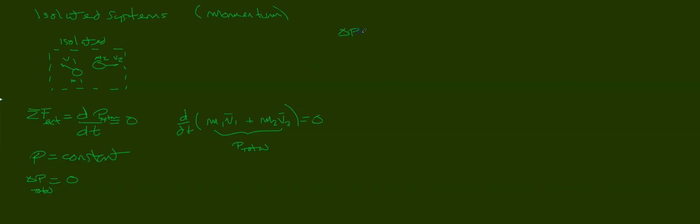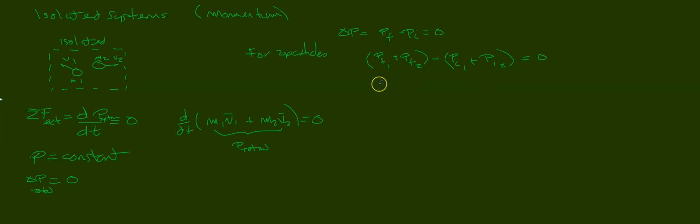So if the momentum is not changing, that means momentum final minus momentum initial is equal to zero. And because in this system we had two particles, we have momentum final for particle 1 plus momentum final for particle 2, minus the momentum initial for particle 1 plus the momentum initial for particle 2, this must be equal to zero.